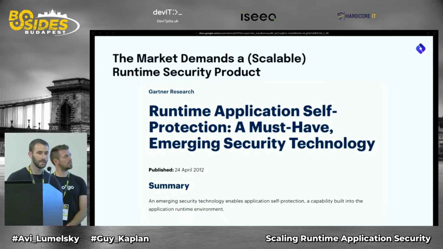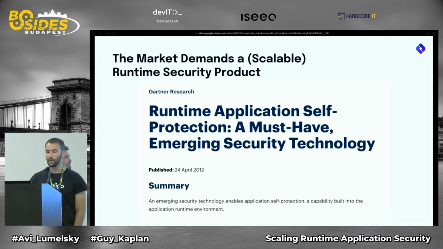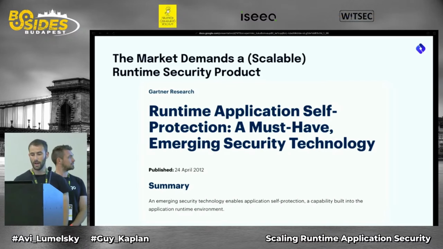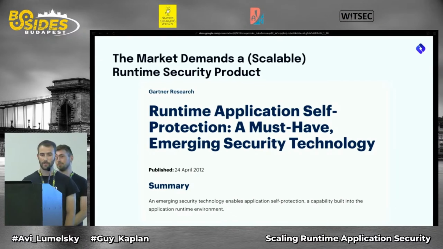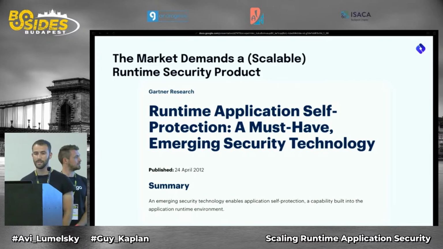To address these issues, a new category of security tools emerged and was quickly adopted by CISOs all over the world. It was first introduced by Gartner in 2012. RASP, which stands for Runtime Application Self Protection, is a runtime application security solution that uses application-level software instrumentation methods to wrap the application's code in order to enhance its security in production.